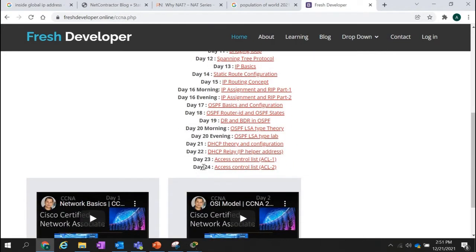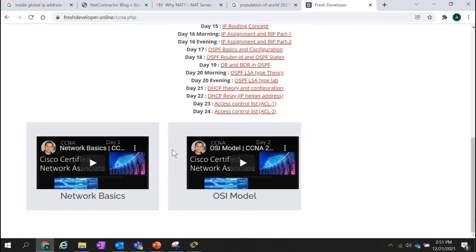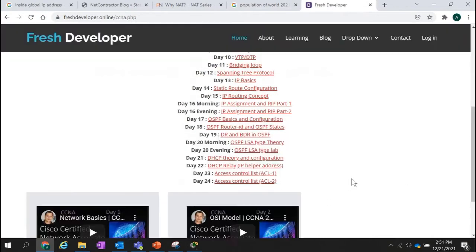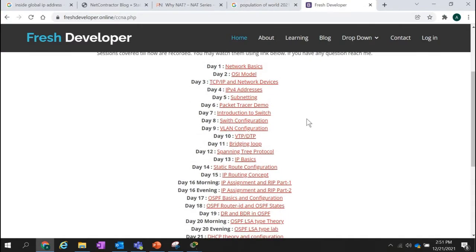Till now we have covered day 24. Today I'm recording day 25, and I will put it at the bottom of this page. These are just thumbnails for one or two. Earlier I thought to put all of them, but it would be so messy if I put all 24 like this, so I just thought to put it like this.